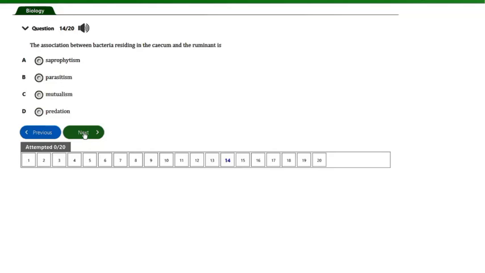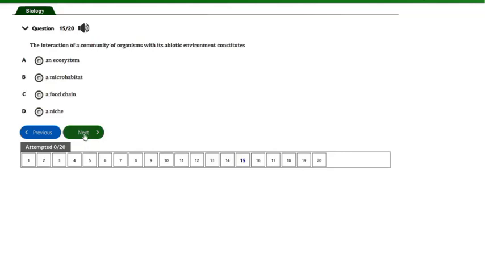So both organisms are benefiting from the activities of each other. We have already explained this concept earlier on because we've answered this question. So in this situation, it is mutualism.